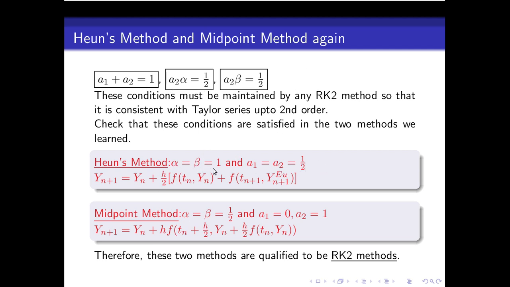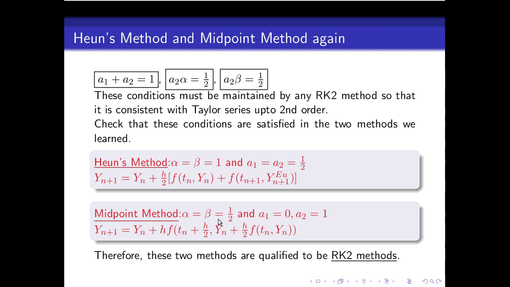Alpha equal to beta equal to 1 and a1 equal to a2 equal to half means a1 plus a2 is 1. Yes, this is right. Then if you multiply a2 and alpha, this will be half, and if you multiply a2 with beta, this will again be half. So this is consistent.